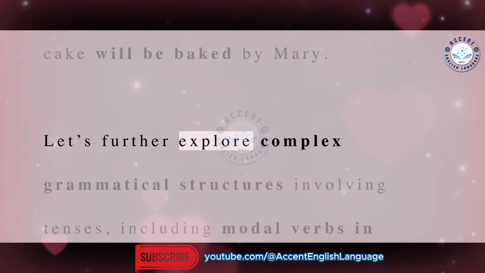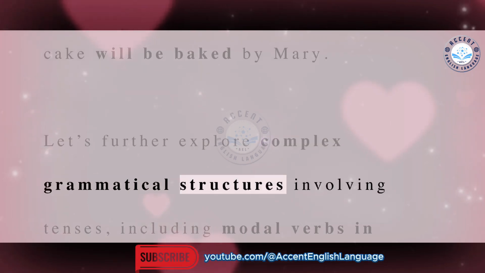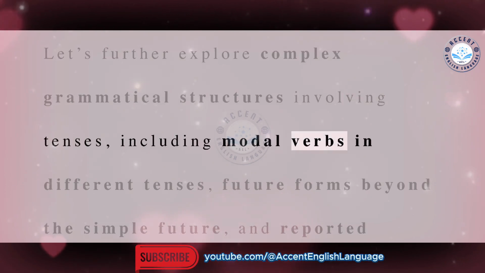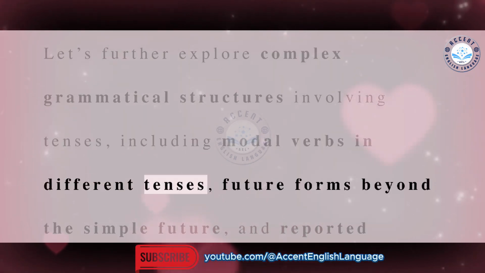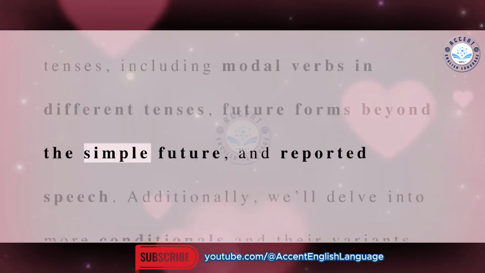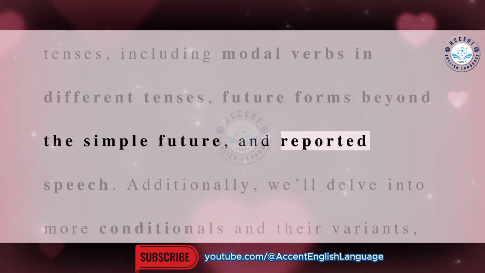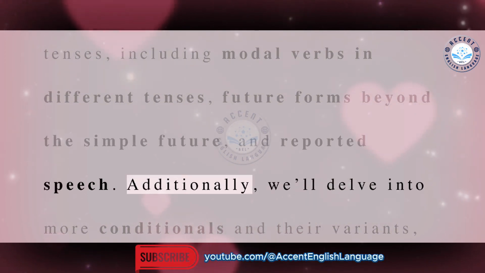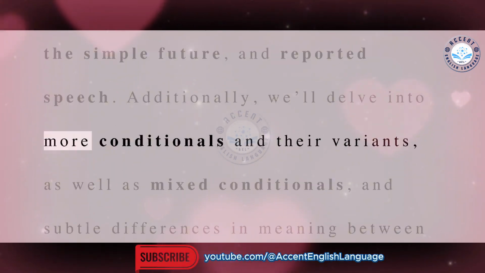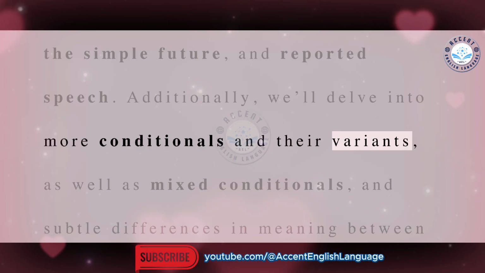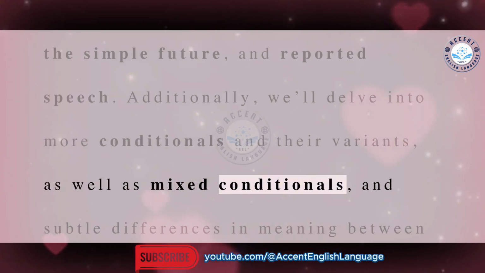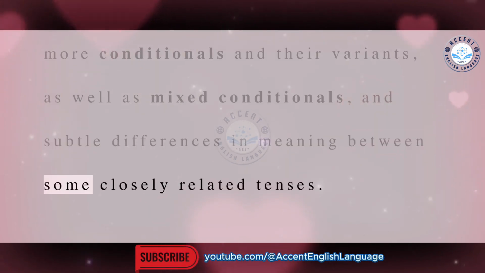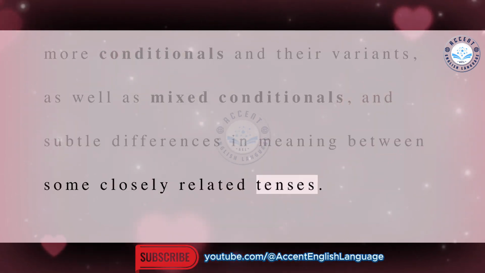Let's further explore complex grammatical structures involving tenses, including modal verbs in different tenses, future forms beyond the simple future, and reported speech. Additionally, we'll delve into more conditionals and their variants, as well as mixed conditionals, and subtle differences in meaning between some closely related tenses.